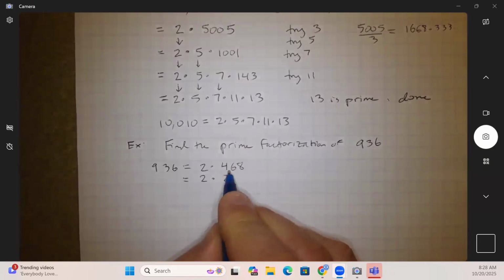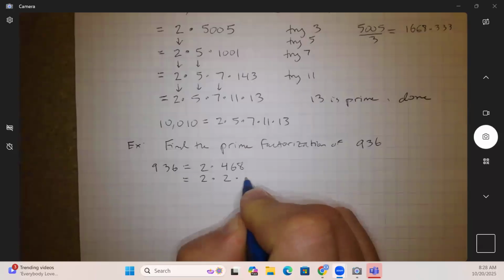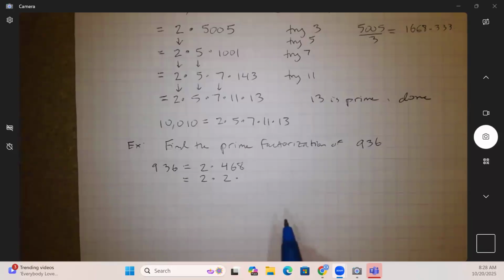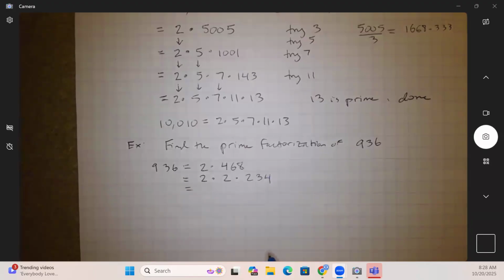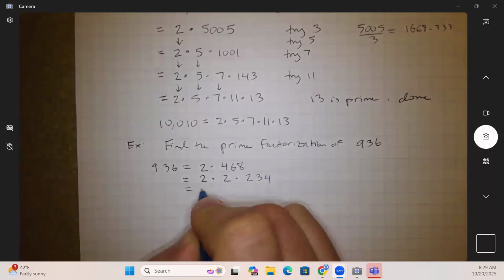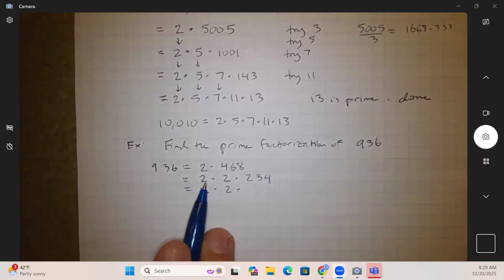And that one I can do in my head. That's 234, right? Yeah, it is. Oh, good. All right. Which is still even, so I can divide it by 2 again. And now do you see one reason why it's really helpful to do it vertically?